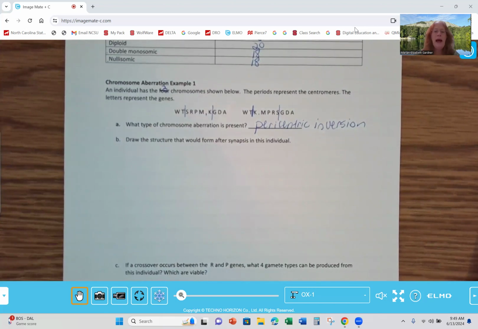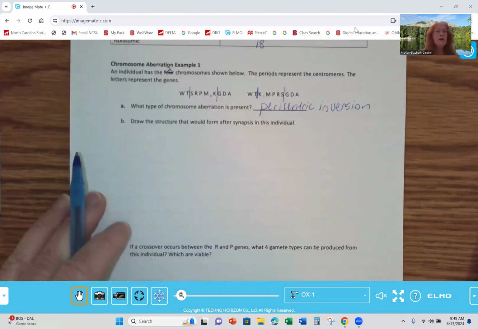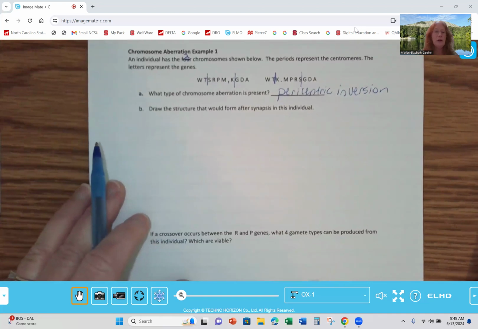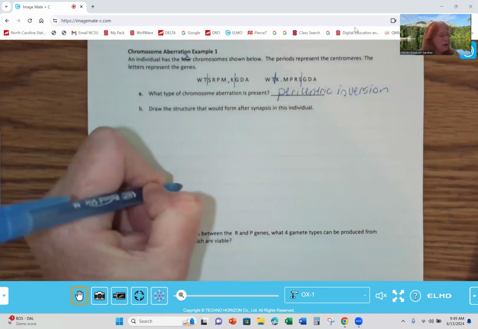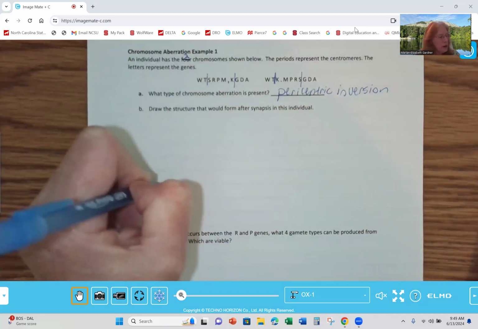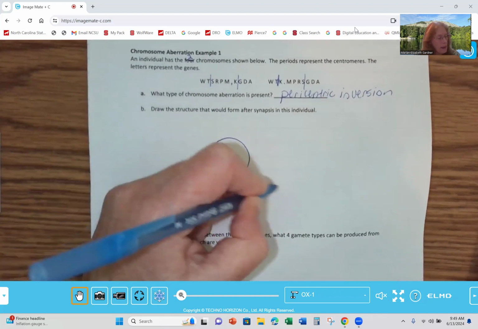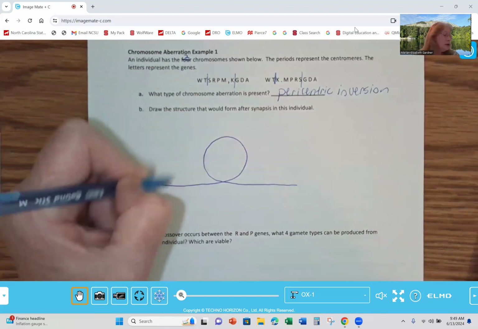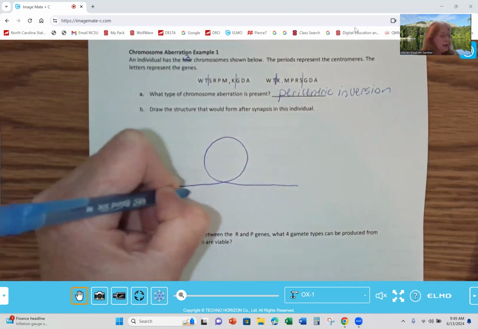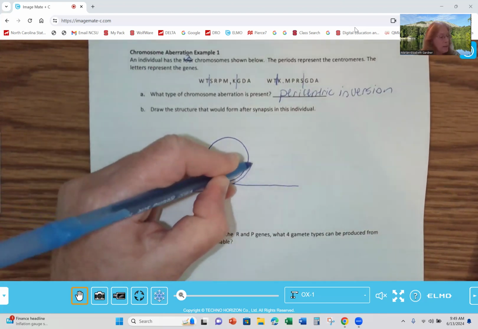So let's see what would happen if we tried to synapse chromosomes from this individual. Inversions form what we call an inversion loop. And the general structure for the inversion loop is always the same. Synapsis occurs when there are two chromatids attached to every centromere.